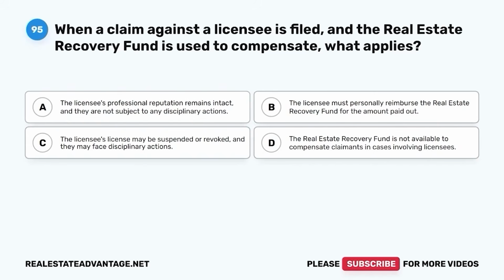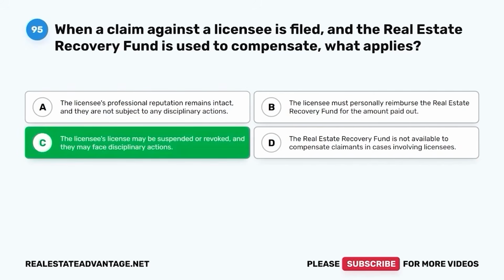C. The licensee's license may be suspended or revoked, and they may face disciplinary actions. D. The Real Estate Recovery Fund is not available to compensate claimants in cases involving licensees. The correct answer is C. The licensee's license may be suspended or revoked, and they may face disciplinary actions.